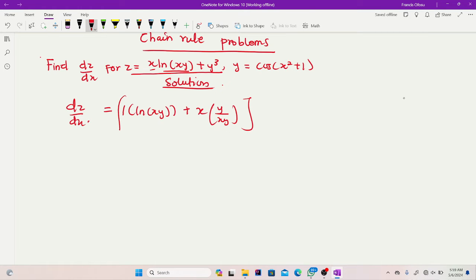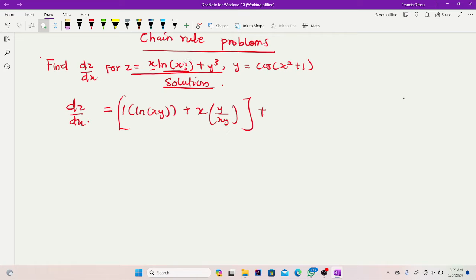plus, so this is all for differentiating with respect to x. Once you differentiate this with respect to x, you would have to differentiate with respect to y to open the door for us to access the x within here. So plus, we will differentiate this whole expression with respect to y. With respect to y, x here is a constant.